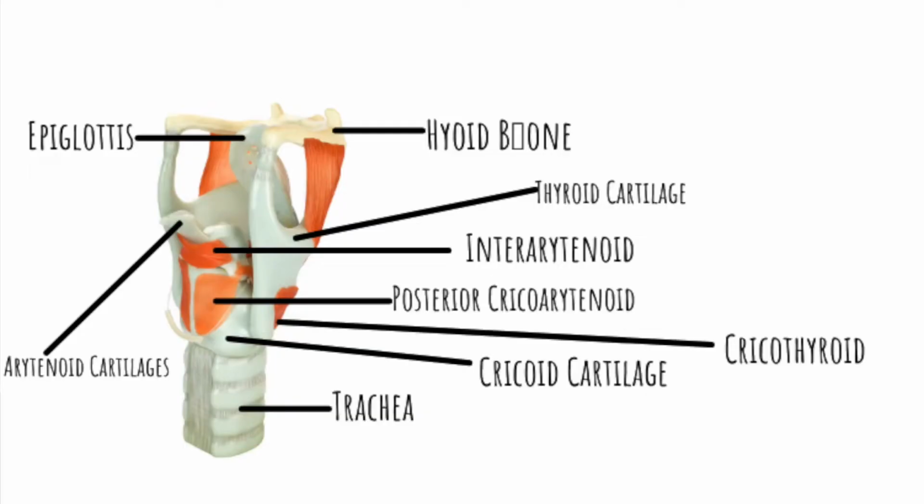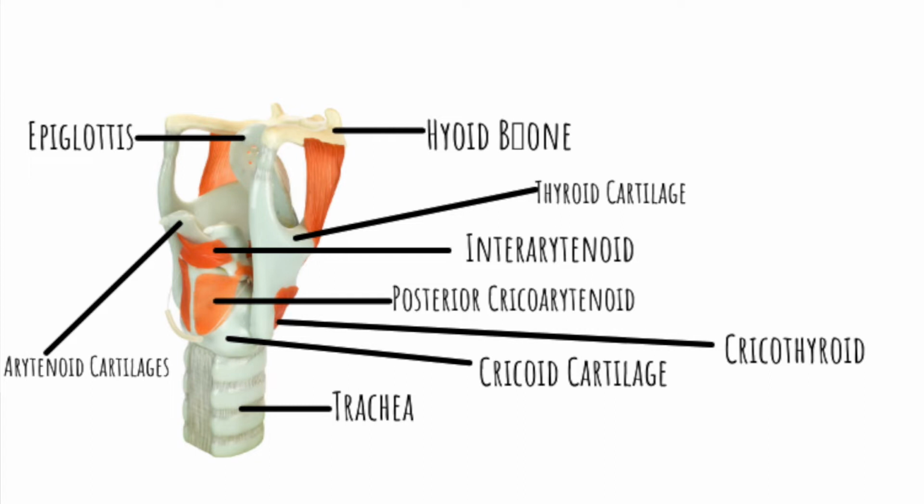So the thyroid cartilage is like a shield-shaped cartilage, and you can actually feel it. It's where your Adam's apple is. And right below the notch of your Adam's apple, that is where your vocal folds actually sit. So the thyroid cartilage is in the front. Beneath that is the cricoid cartilage, which looks like a signet ring, so it's thick in the back and then thinner in the front.